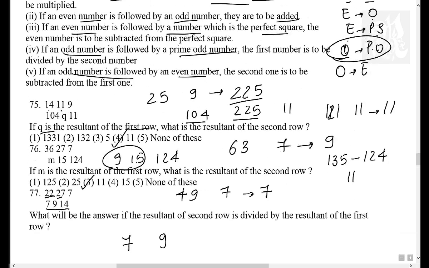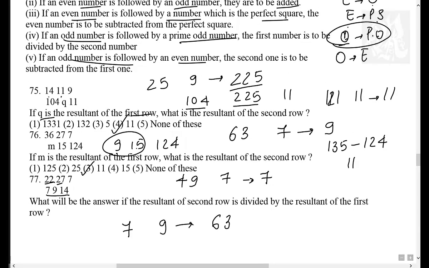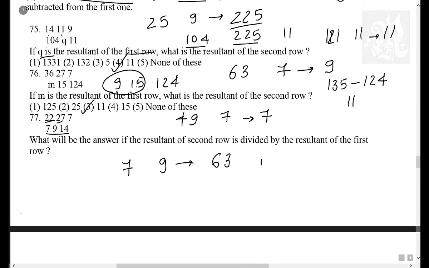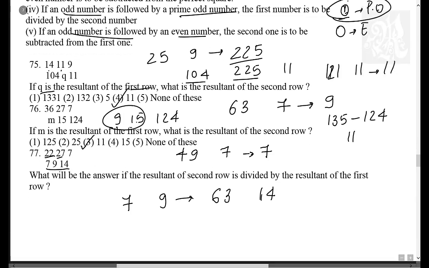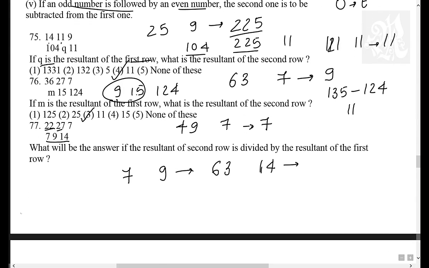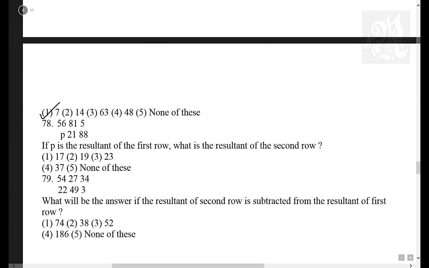Odd followed by composite. 63. Then 63 and 14. What is 63 and 14? Odd followed by even. What are you supposed to do? Subtract. 63 minus 14 is how much? 49. Now we have two numbers, 49 and 7. What they're asking is, what will be the answer if the result of the second row is divided by the result of the first row? Are we clear? How is this?